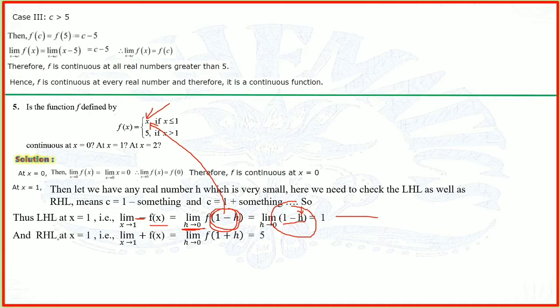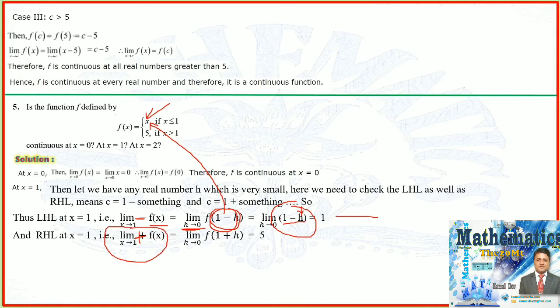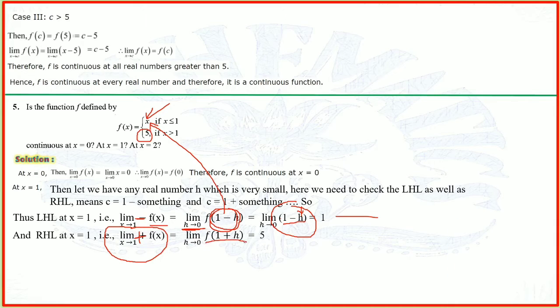Now taking the right hand limit at x is equal to 1, limit x tends to 1 plus of f of x. When we are taking the right hand limit at x is equal to 1, the value of the function will be the constant 5. So limit h tends to 0 of f of 1 plus h is nothing but 5 only.